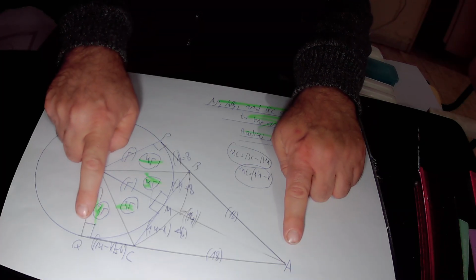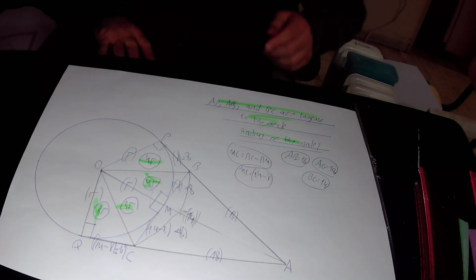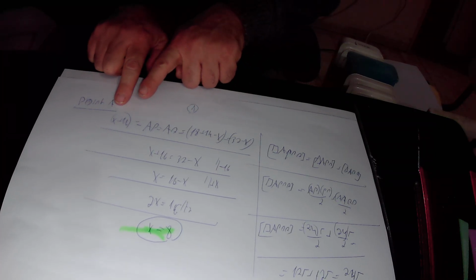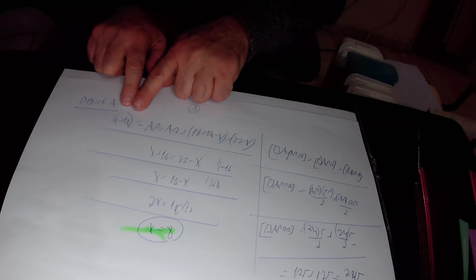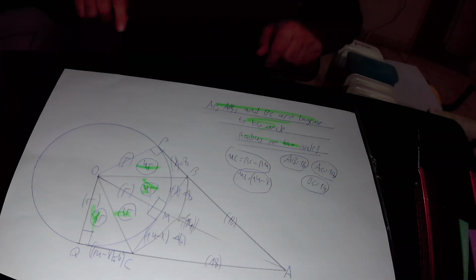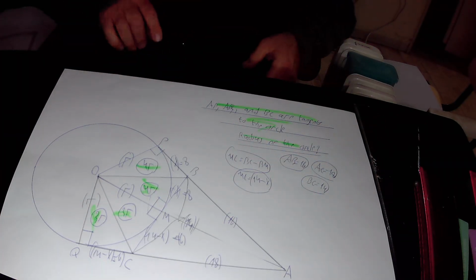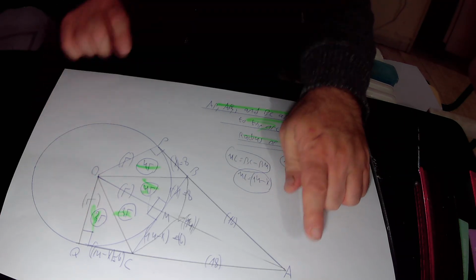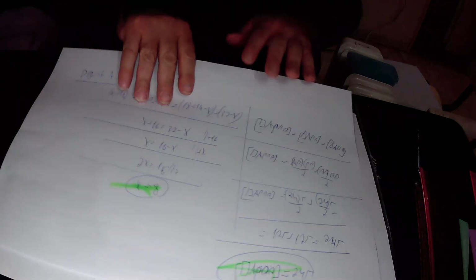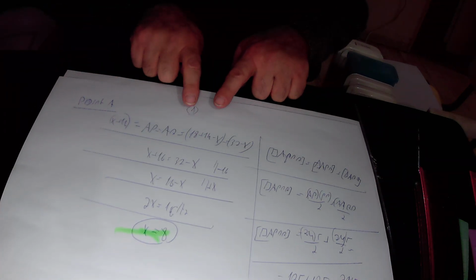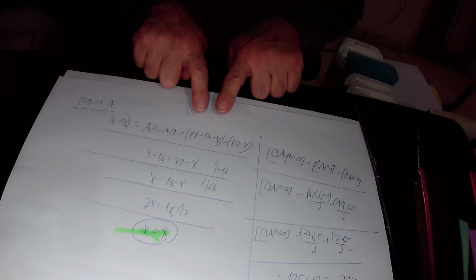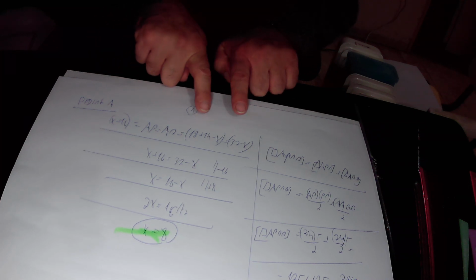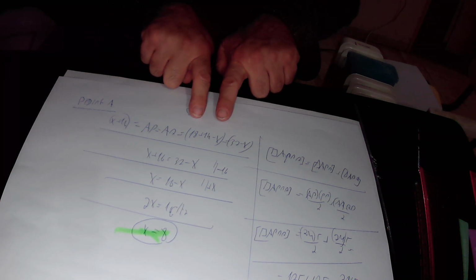AQ in total equals 18 plus 14 minus X, and it equals 16 plus X. 18 plus 14 is 32, so this expression in total equals 32 minus X.